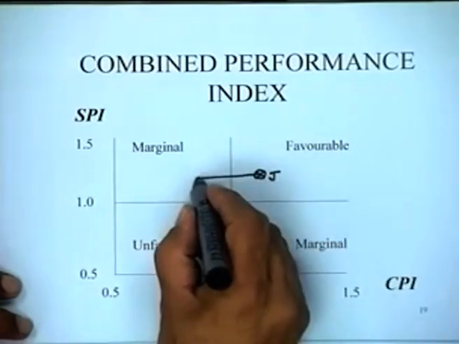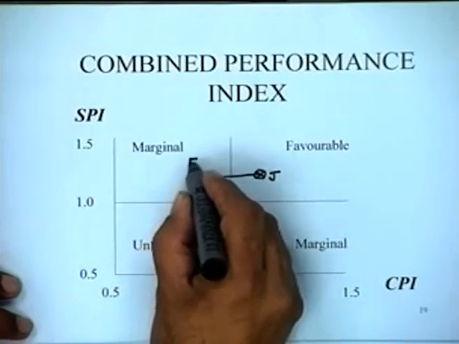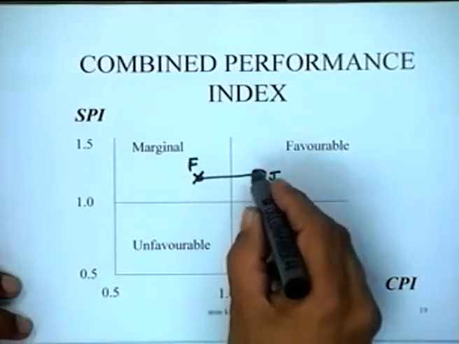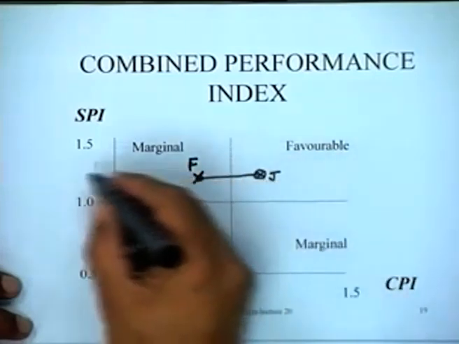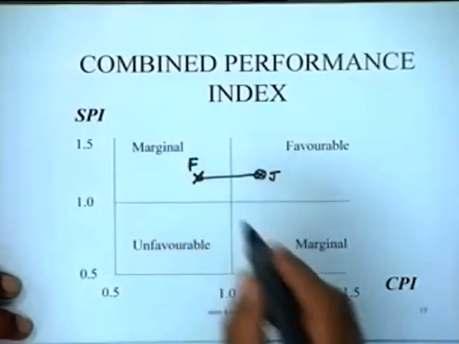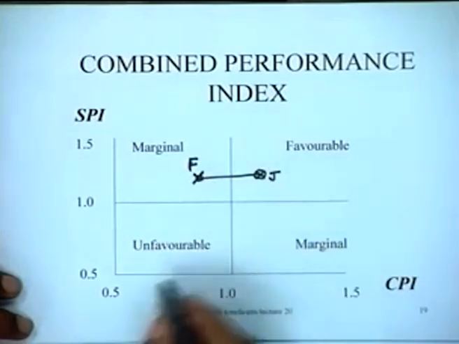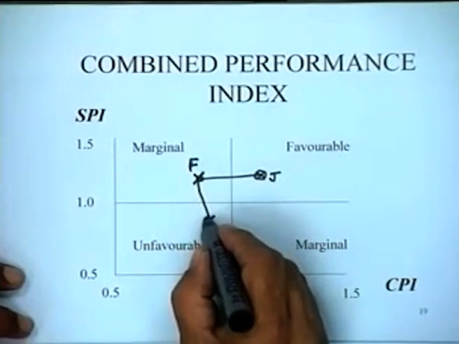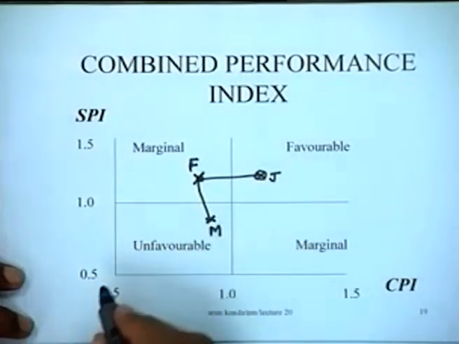What can happen is that in the month of February, you probably move to the marginal zone, which means that you are still good on the schedule performance index, but on the cost side you have dropped below average, below the normal value. Then in March you might go something like this to an unfavorable situation.